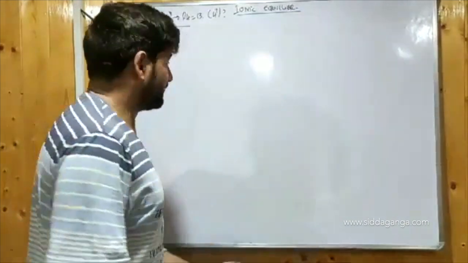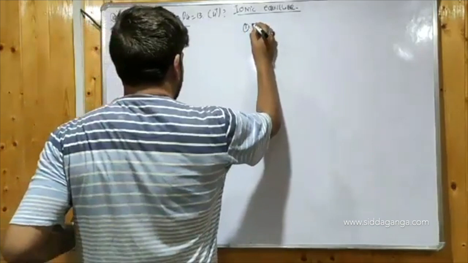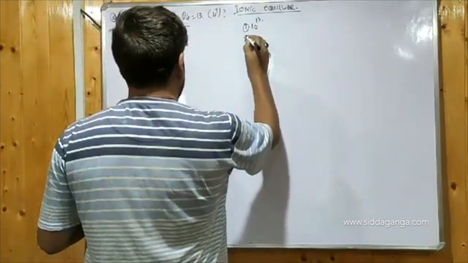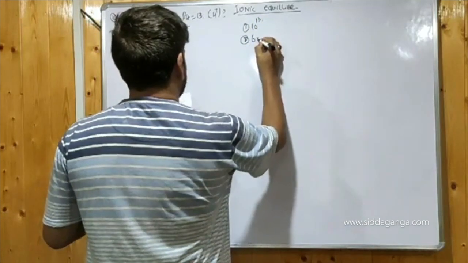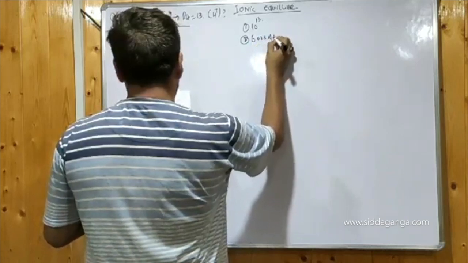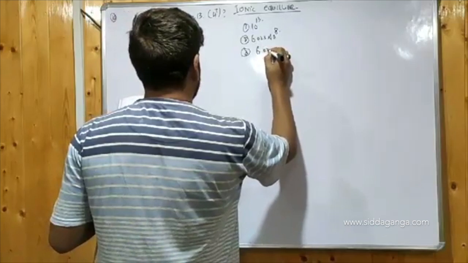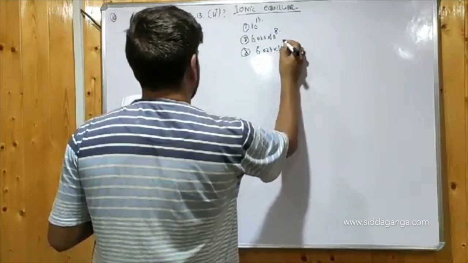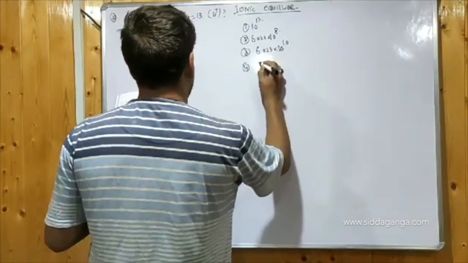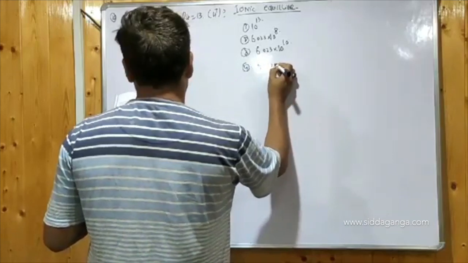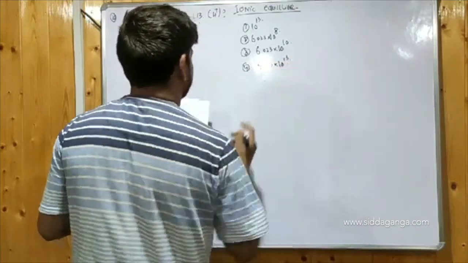So our options are, option 1, 10 to the power 13, option 2, 6.023 into 10 to the power 8, option 3, 6.023 into 10 to the power 10, and option 4, 6.023 into 10 to the power 30.